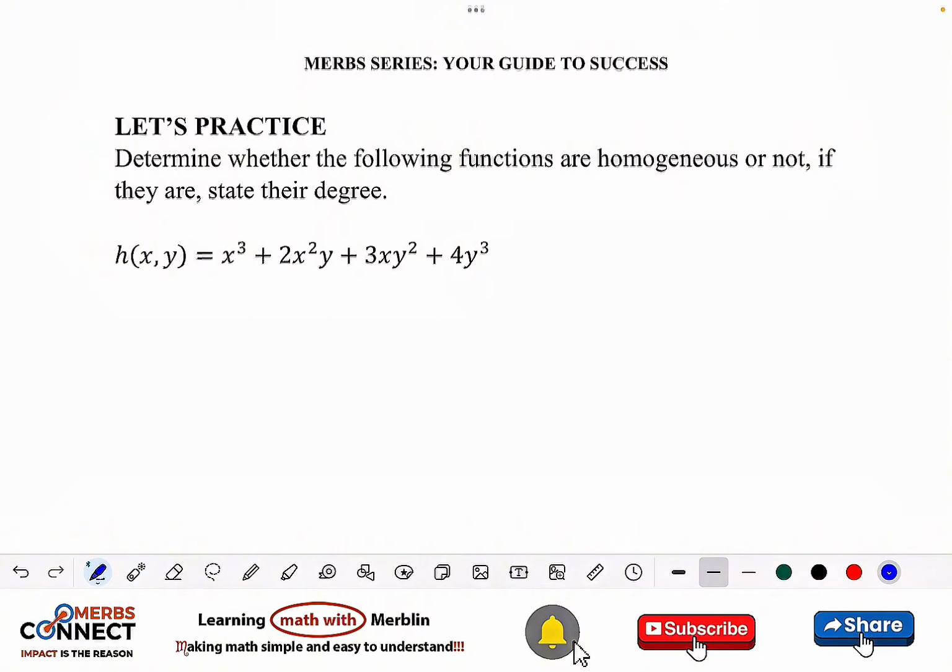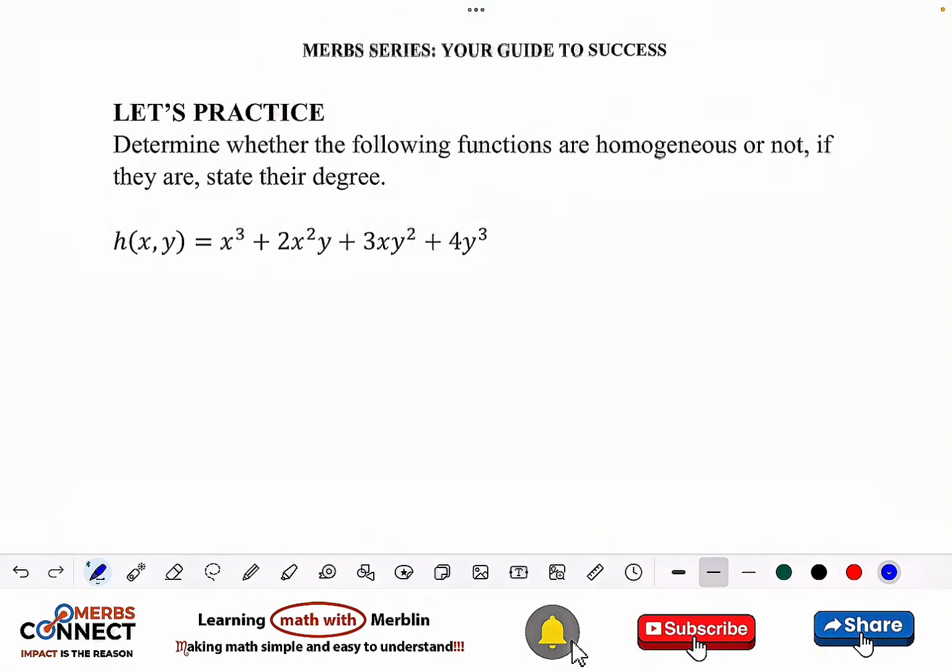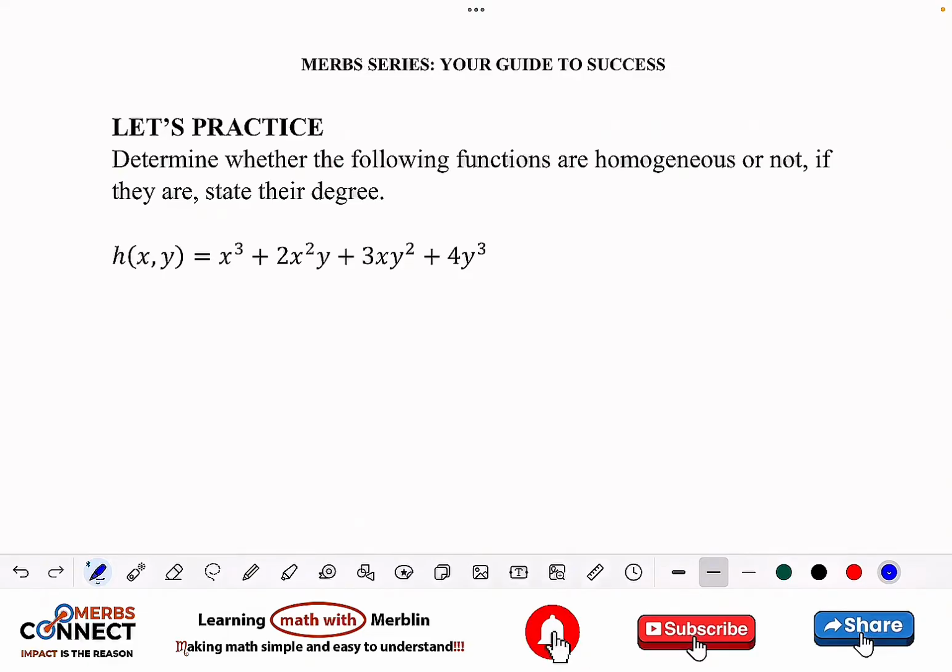As we said, since we have h of x, y, one thing that we need to know is that we assume h of x, y is the same as dy over dx. So let's have that in mind. So this is the same as h of lambda x, lambda y, which is equal to lambda x cubed.